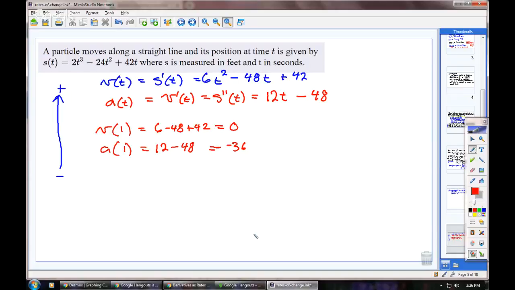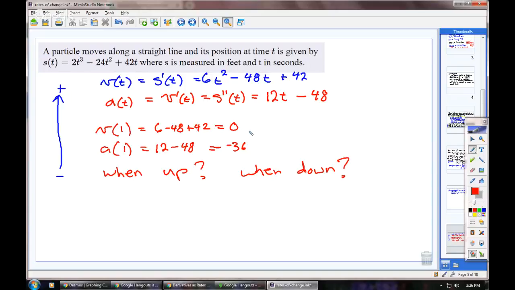Well, what I'd like to do is figure out when it's going forward and when it's going backward. Or when is it going up and when is it going down? When down? So to do that, we got to play around with this. So we know that it gets a standstill at 1.